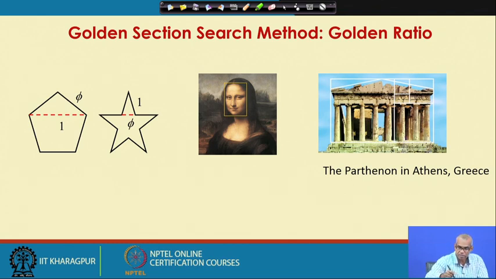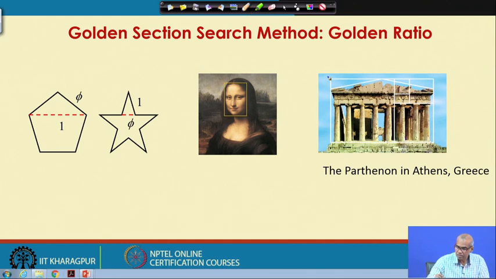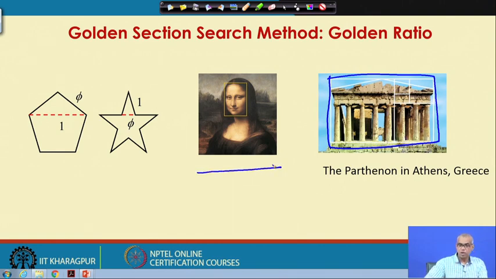If you look at this rectangle, this is a golden rectangle, meaning the length and width ratio is 0.618. This is the famous picture Mona Lisa. Again, the rectangle shown is a golden rectangle.